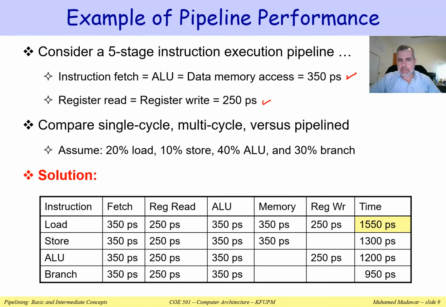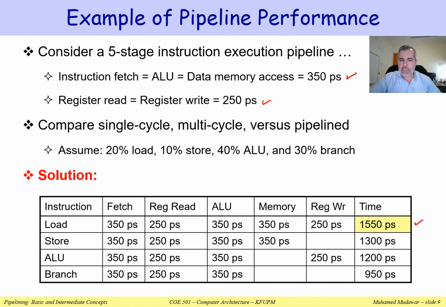The access to the data cache, which is shown here as memory, is only 350 picoseconds, and the register write is 250 picoseconds. Now, depending on the instruction type, some instructions will take longer. They have a longer latency than other instructions. You can see that the load has a latency of 1,550 picoseconds. Why?